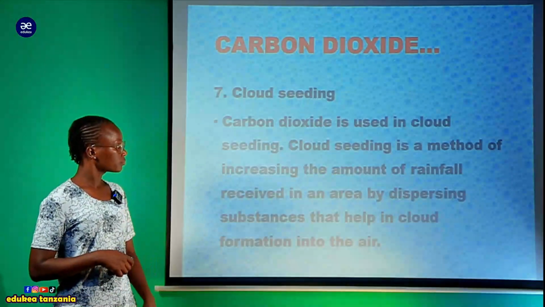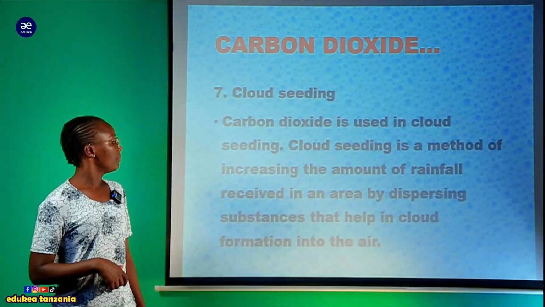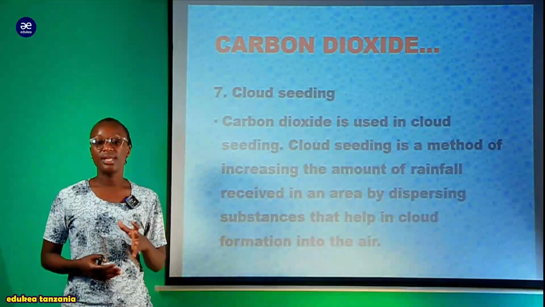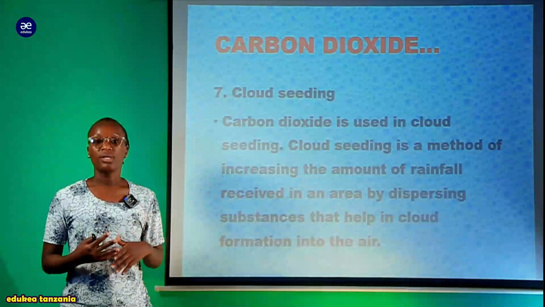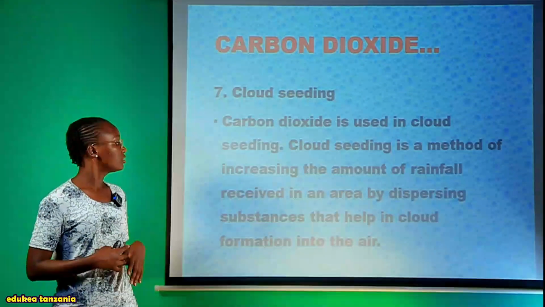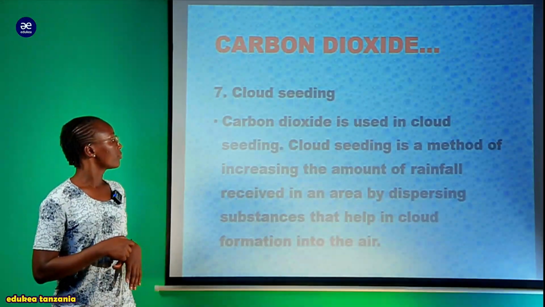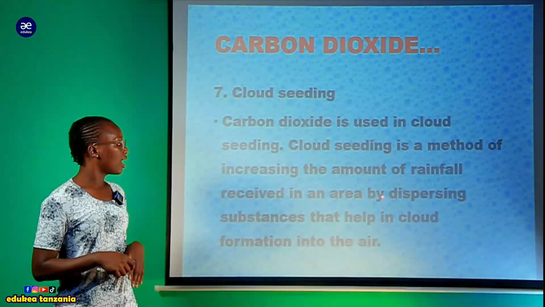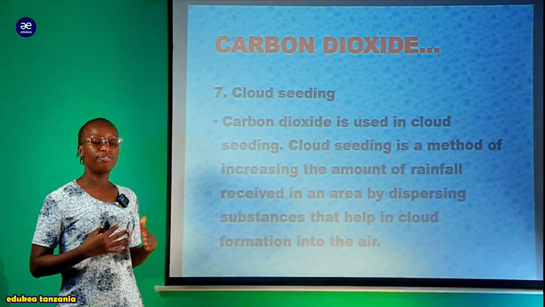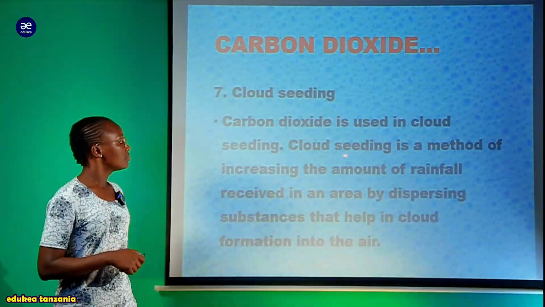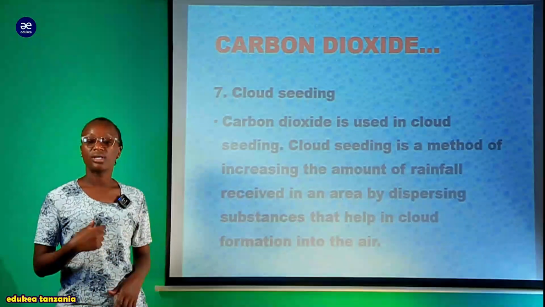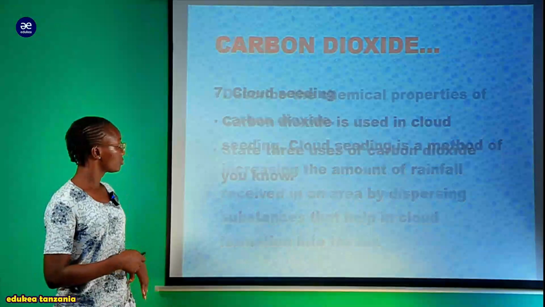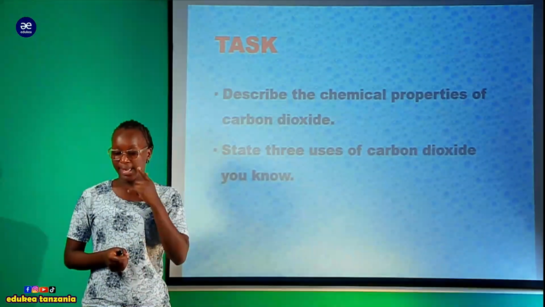You can see that the cloud seeding method increases the amount of rainfall, and what is used to perform this method is carbon dioxide. So in a particular area, this method of cloud seeding can be used to increase the amount of rainfall. So carbon dioxide is very important.